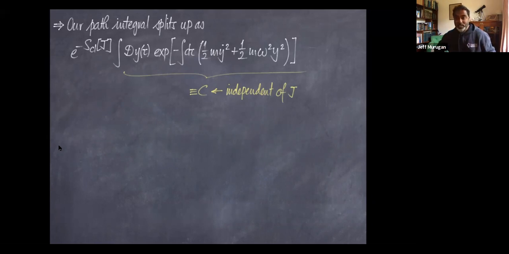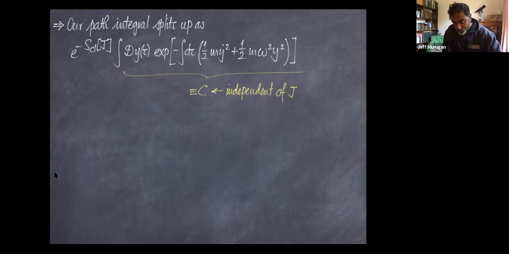Okay, so that's all we care about. We just want to isolate the J dependence. So even if I didn't know the answer to this harmonic oscillator path integral, I wouldn't care because it's independent of J, and I expect to factor it out when I'm doing J derivatives.